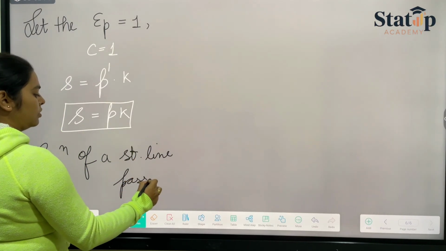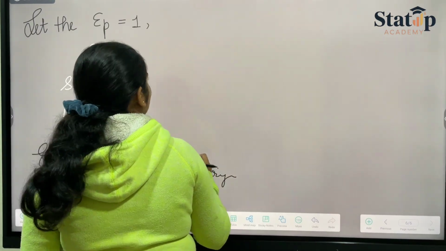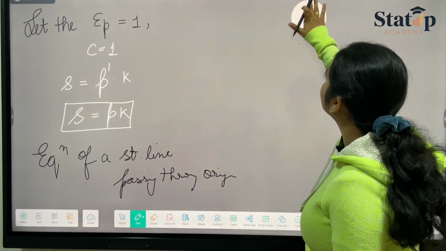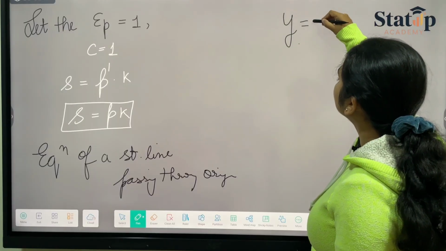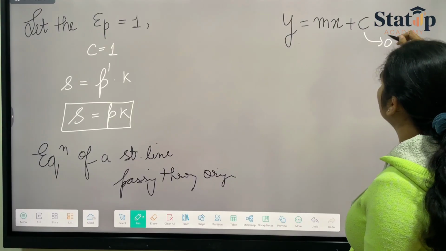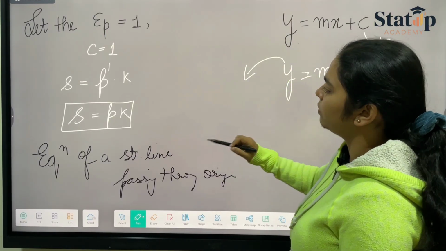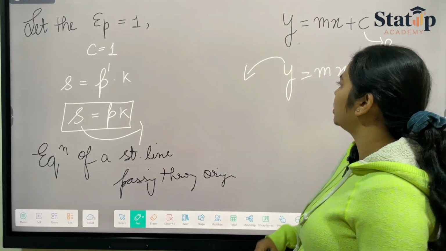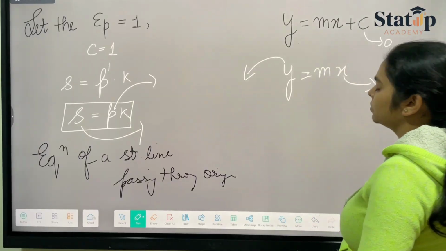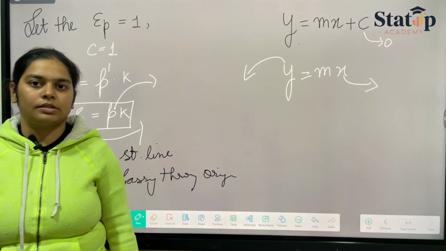The equation of a straight line is y equals mx plus c. Here the constant c is 0, and this equation is equal to y equals mx, where y is the function that we want to find, here supply is the function that we want to find about, and x is the variable, here price is the variable. Okay, so this is all about our price elasticity of supply.